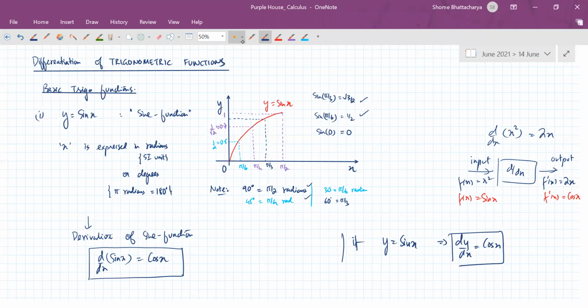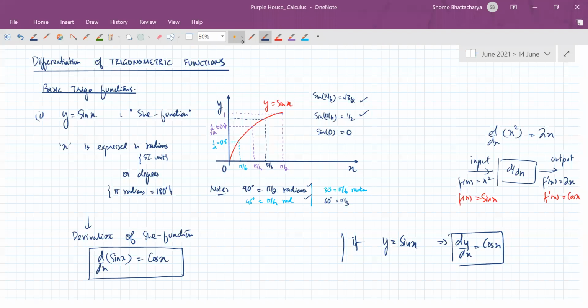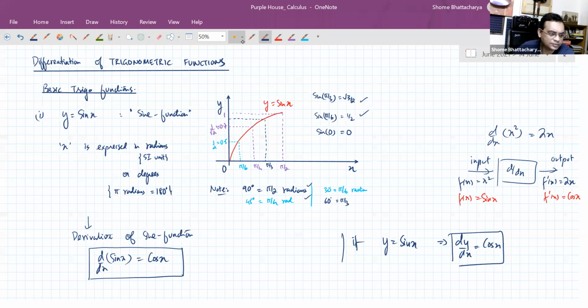Okay, sir, thank you. Sir, for this do we have a general formula? This is the formula, beta. This formula that we boxed over here is the formula we'll use whenever we are dealing with the sine function.